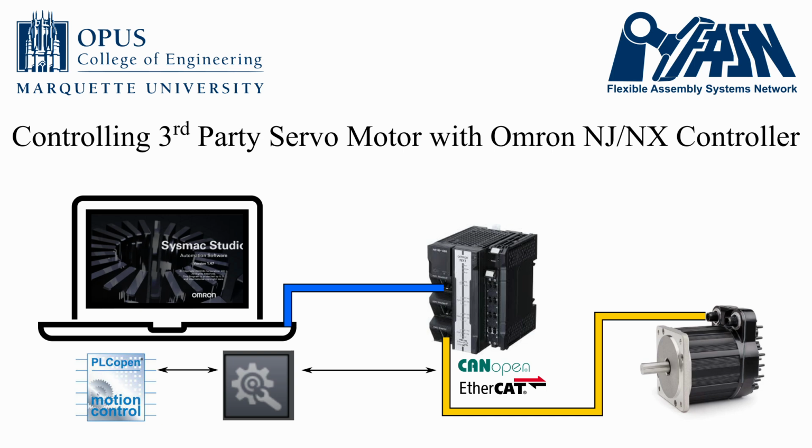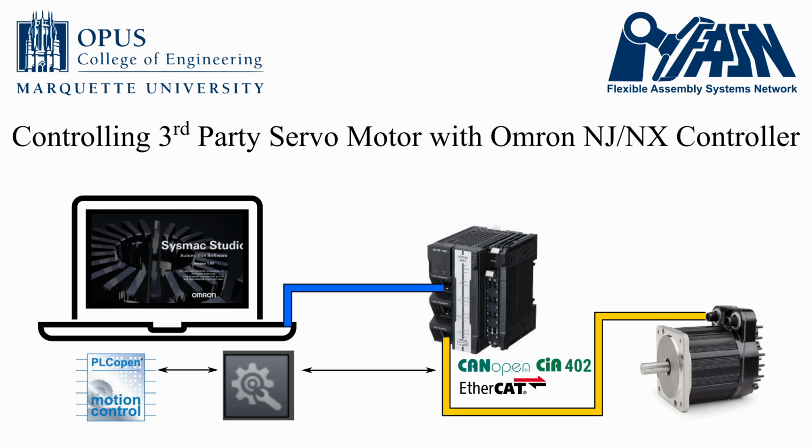These are defined by the device profile CIA402, which is the device profile for motion control drives. However, controller vendors and drive vendors do not support every function and every object that is defined in CIA402. So you need to check and make sure that there's sufficient overlap between the functions and objects that are supported by both the drive and the controller.